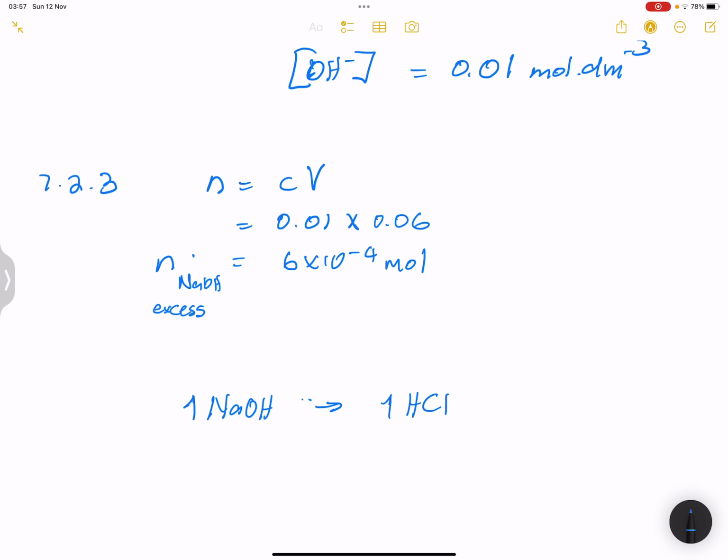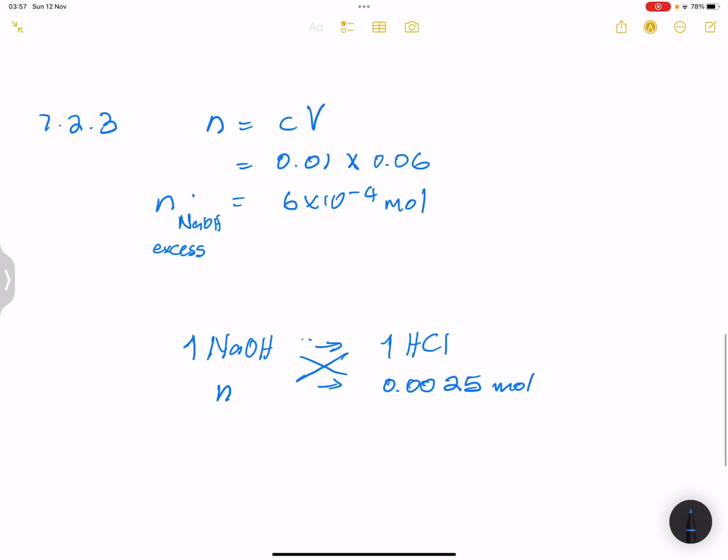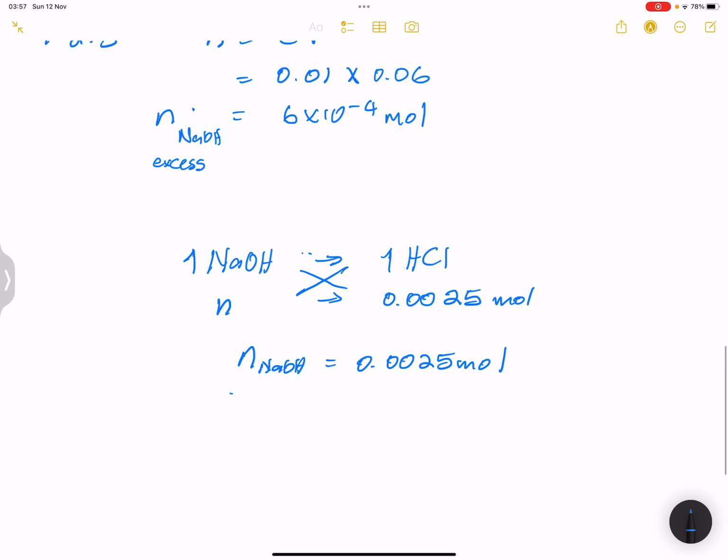That's what the ratio says. So for how many moles will we get 0.0025 of hydrochloric acid? All you do is cross multiply, ladies and gents, and you'll see that the number of moles of sodium hydroxide that reacted with that hydrochloric acid was also 0.0025 moles.